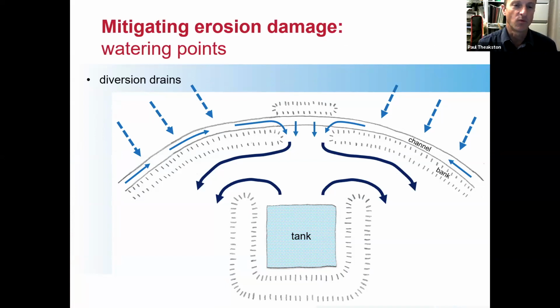Oftentimes there's just way too many of them. They're cutting really, really deep as well, and they're too steep. So when the water gets into those drains, because they're so steep, the water speeds up and creates some really big erosion gullies. They're a big problem.